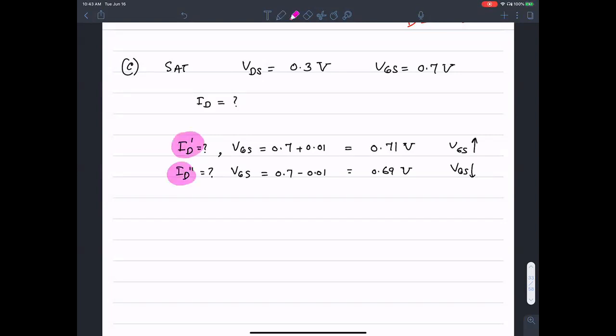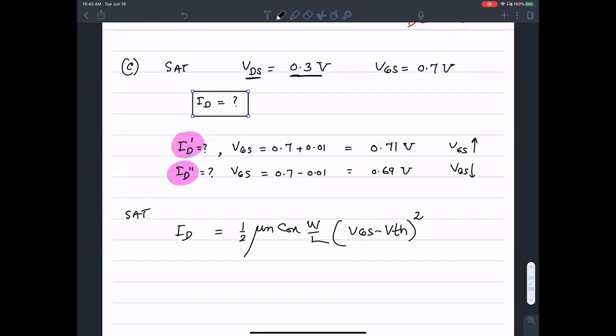the ID to be? Let me first write out the equation for ID in saturation, because the problem says it is saturation, and we even verified that VDS is greater than VGS minus VTH. So I'm going to use 1/2 mu n C oxide W over L, VGS minus VTH, the whole squared. It seems we should be able to calculate the value of ID to begin with.